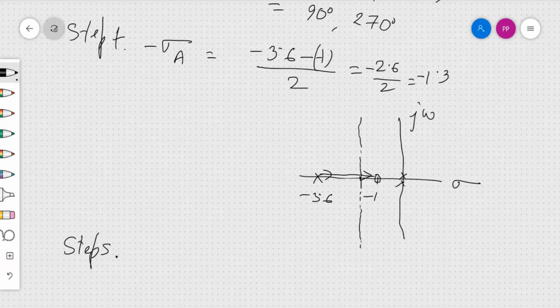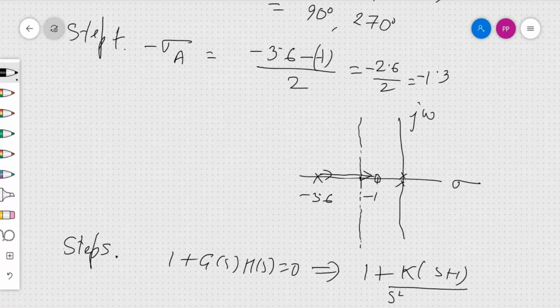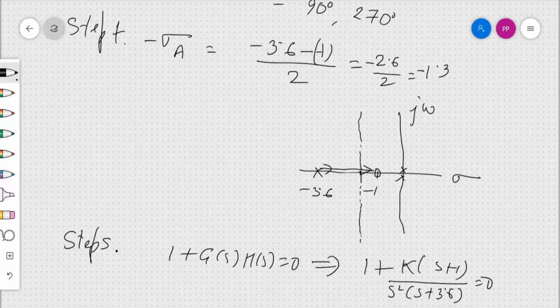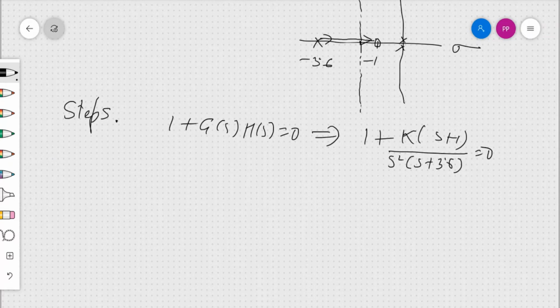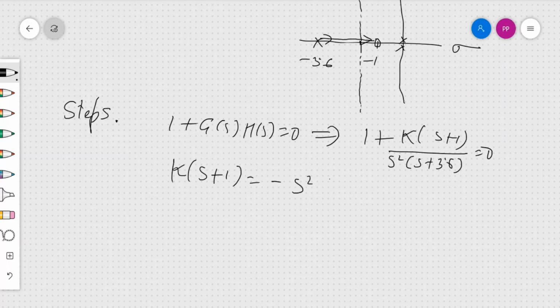To find out the breakaway point, we have to determine the characteristic equation 1 plus G(s)H(s) equal to 0, which means that 1 plus K into (s plus 1) divided by s square into (s plus 3.6) should be equal to 0, which means if I multiply and take it to the other side, it will become K into (s plus 1) equals minus s square (s plus 3.6).